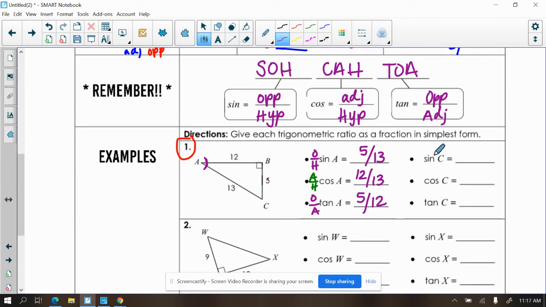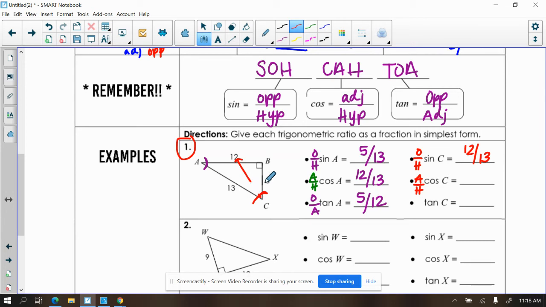All right. Then our other one down here looks at angle C. So let's take a look at angle C. Sine of C. So sine, again, opposite over hypotenuse. But now we're looking at angle C. So the opposite of angle C is 12. The hypotenuse stays the same. The hypotenuse is always going to be that same side in the triangle. So cosine of C is adjacent over hypotenuse.